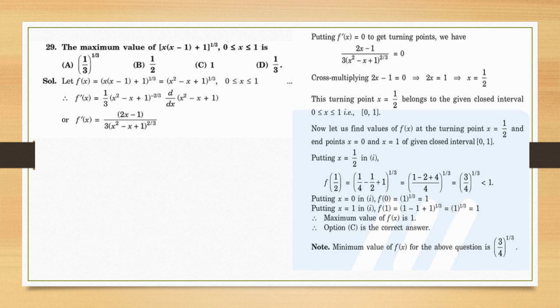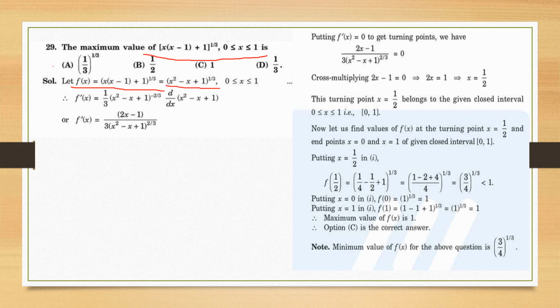The maximum value of the function between 0 to 1 is, you have to find the maximum value, meaning out of these options some option is correct, so we have to find that one. For the maximum value, again start with f(x), your function, and write it in simplified form. You can just multiply x inside so that you get this term.